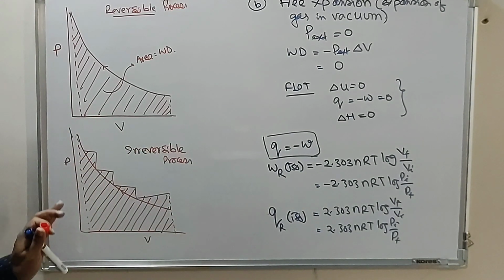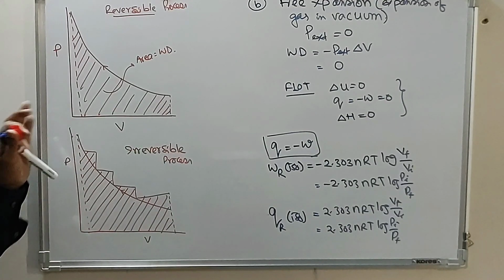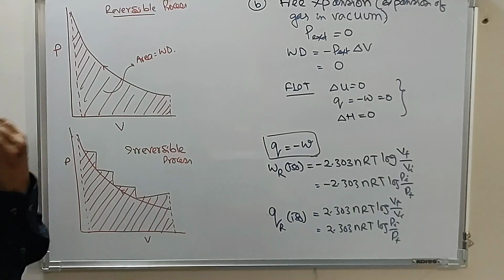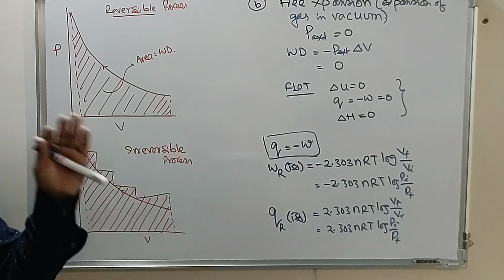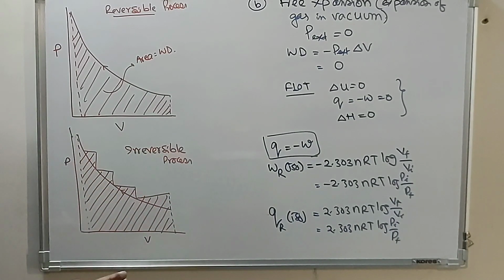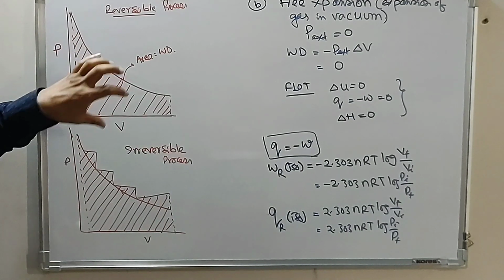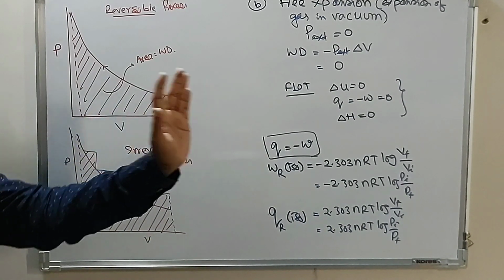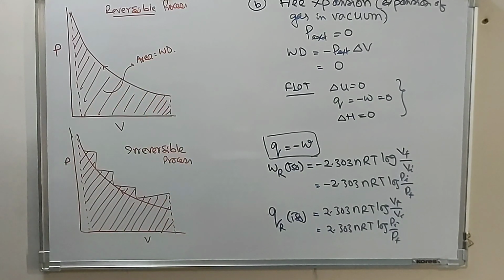So what I am going to say is, when we have the graph, then from the graph also we can define the net work done. The total area under the graph represents the net work done during the process. During this reversible process, we are integrating from the initial to the final value, and this reversible process represents the maximum work done, because we are changing the process by an infinite number of steps.